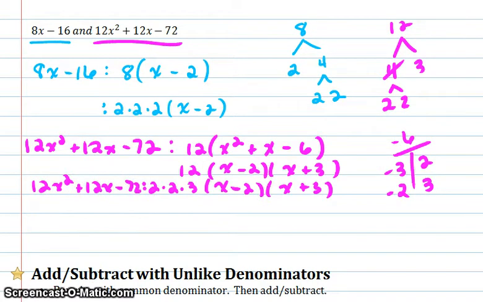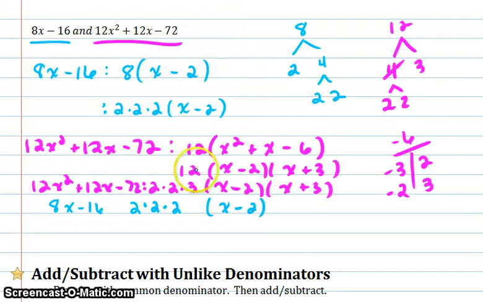And if we want to look at what overlaps with 8x minus 16, we'll write those factors underneath, and that has factors of 2 times 2 times 2, and then x minus 2, so we'll write the x minus 2 below that.